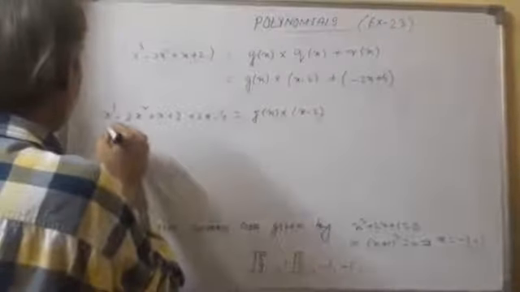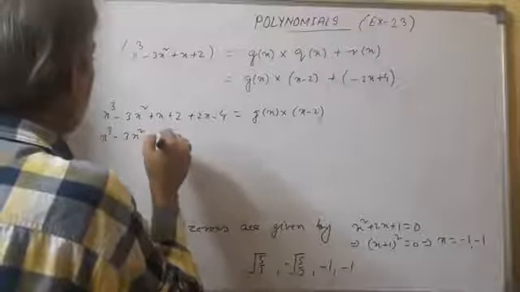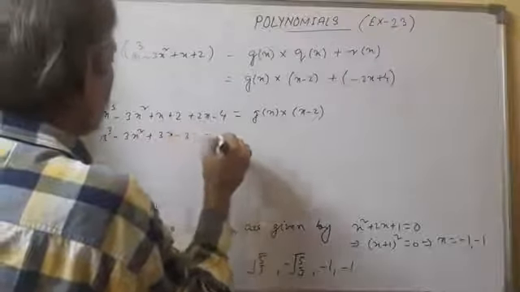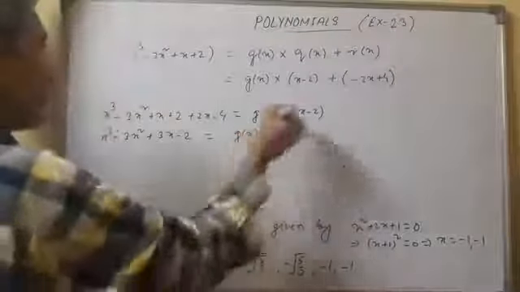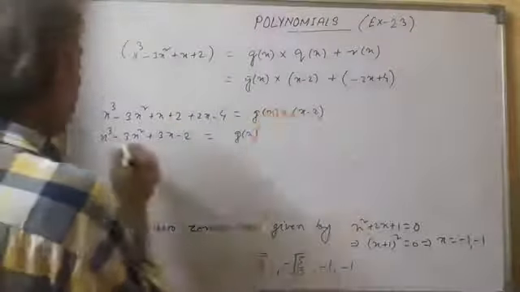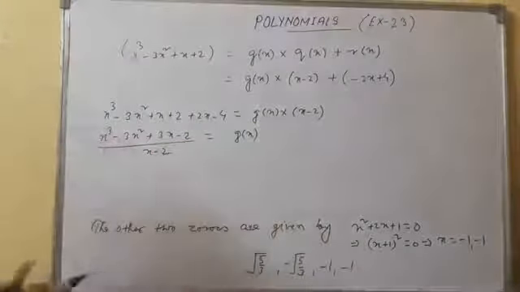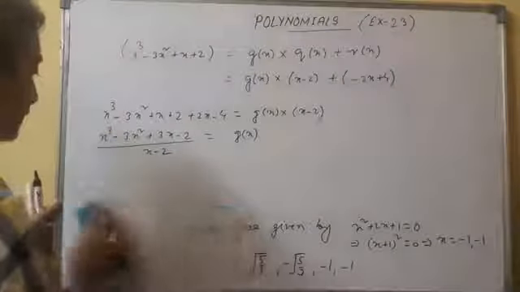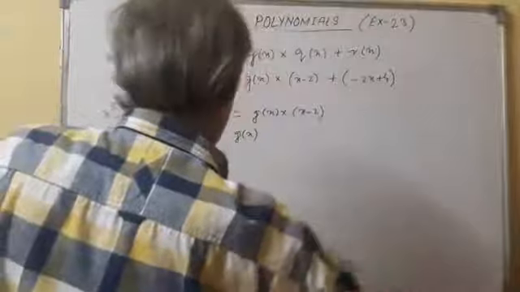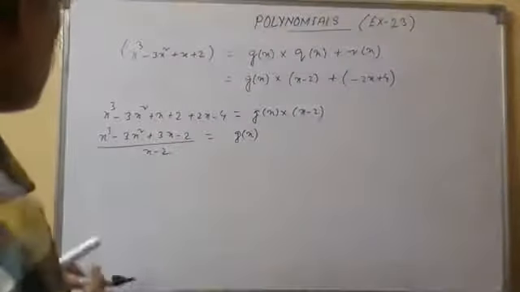Simplified. It means to find g(x), we will have to divide by this thing. Now by the simple long division method we will find g(x).